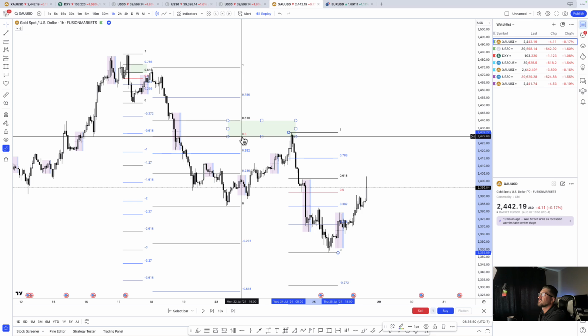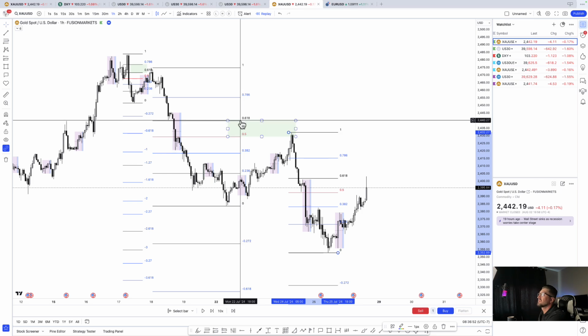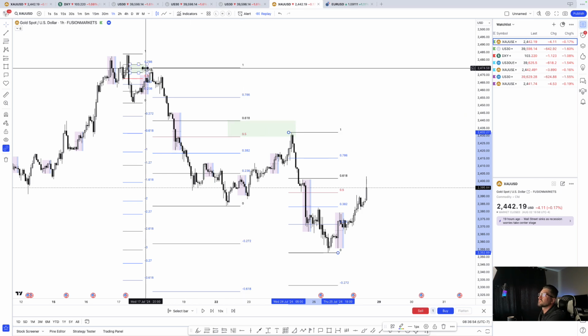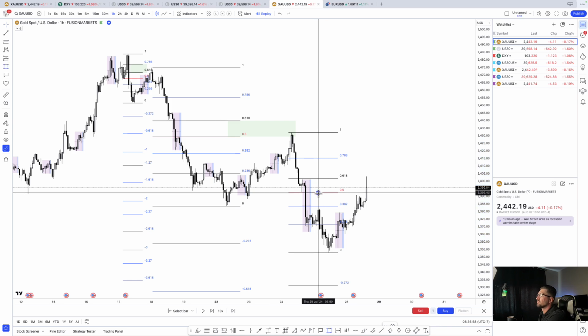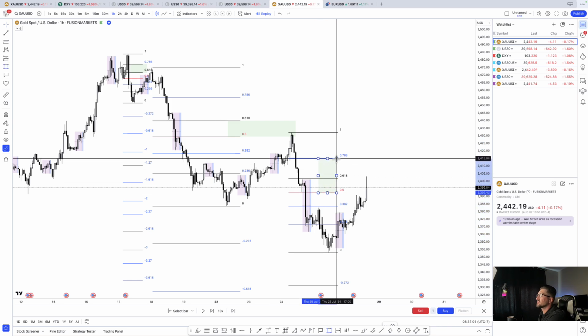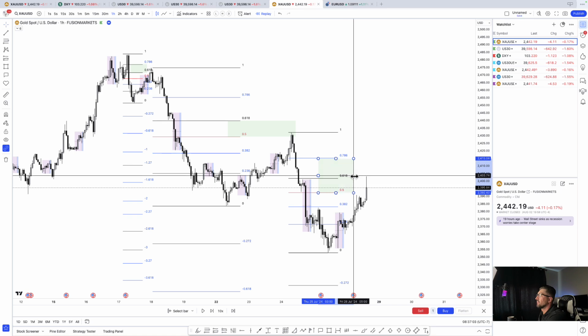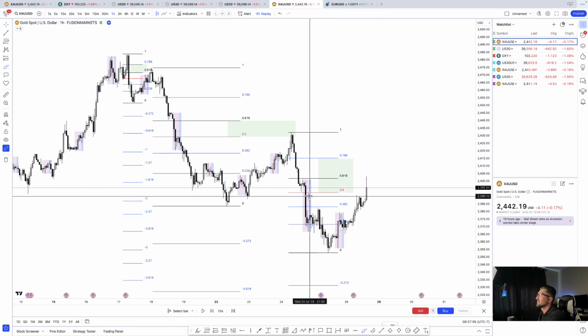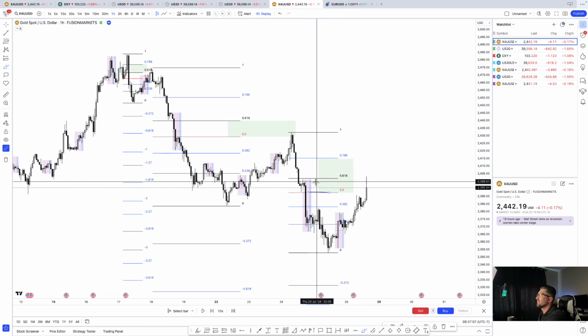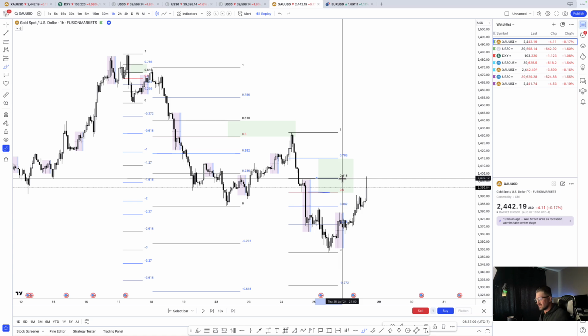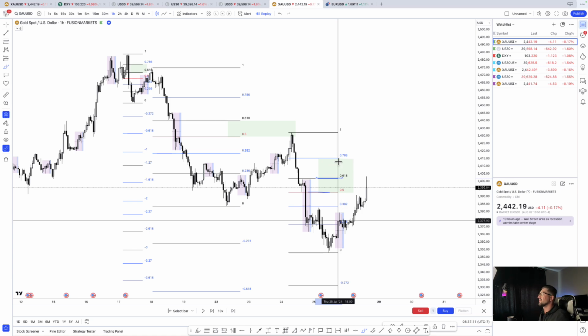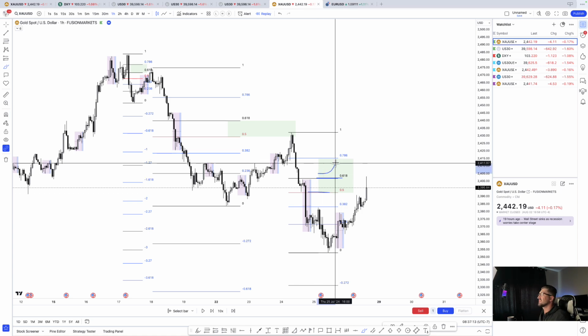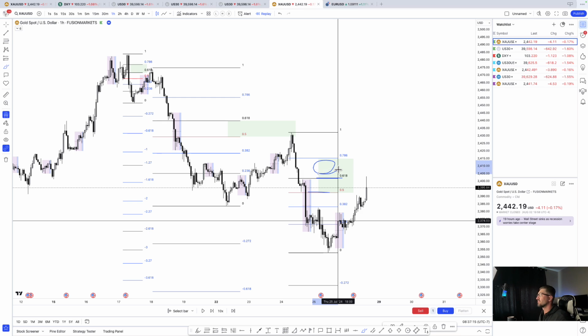So this reacted between the 50 and the 618. This one reacted from the 618 and the 786. This allows me to pull the third range and understand where the reaction is going to come from. Now, if we look at it, is there anything from the 50 to the 618 that interests us? Or even the 786? We can see here there's really nothing above here.